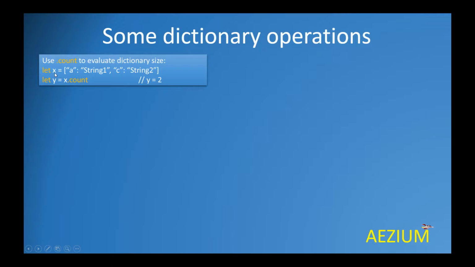So if we have a constant dictionary called x, whose value is given here, we could use the dot count so-called property of the dictionary to count the number of dictionary pairs. In this case, the answer is going to be 2 because we have 2 pairs here.